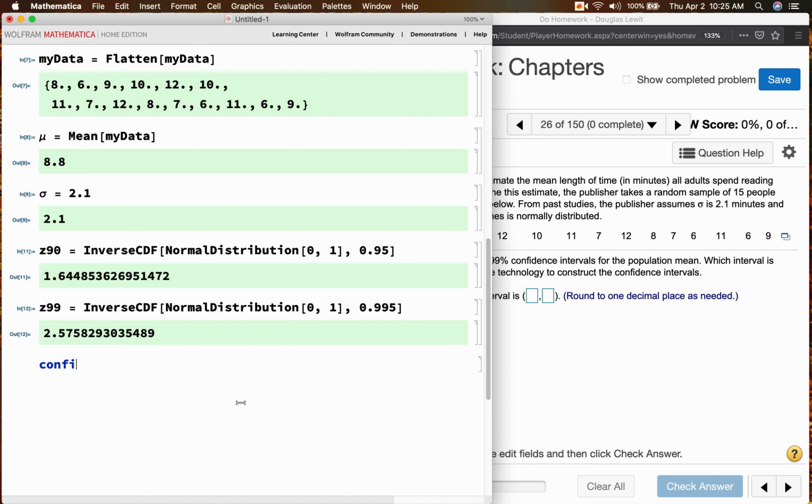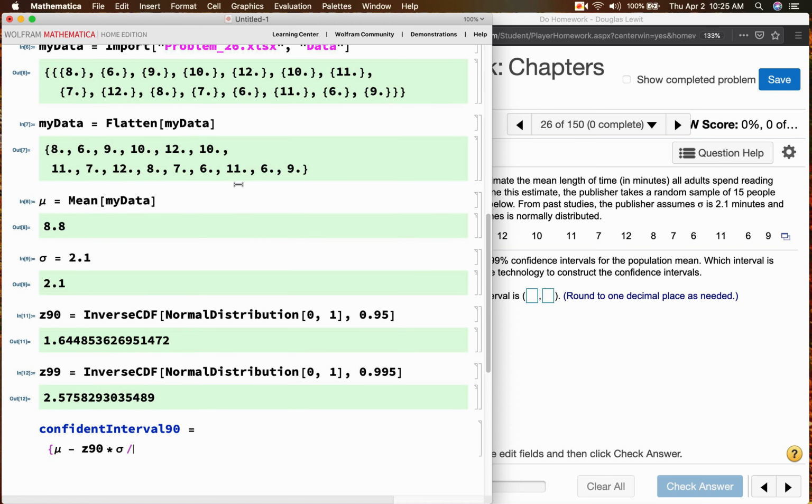So now I just have to create my intervals. Confidence interval 90 is equal to mu minus z90 times sigma divided by the square root of n, and n is the length of my list. How many scores do I actually have?